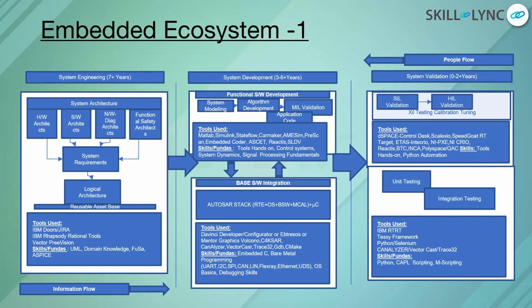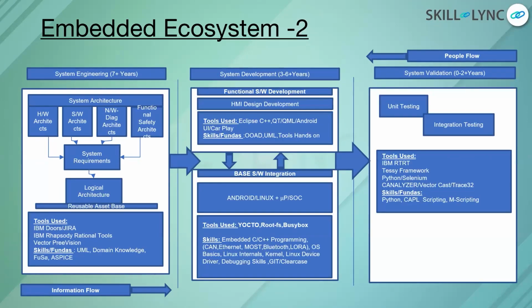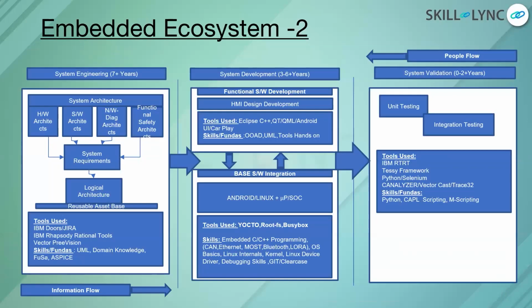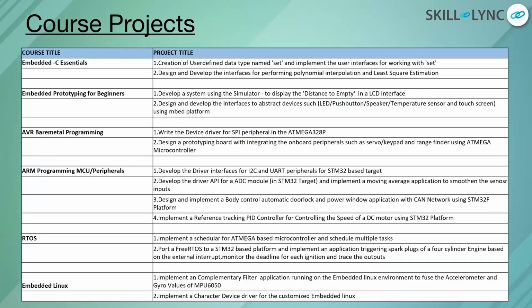And altogether, at the end, all these things are verified and validated by a system validation engineer. If you are validating functional software, you take a different approach. If you are validating base software, you take a different approach. There is a different ecosystem for a non-real-time system, so I'm just skipping this.